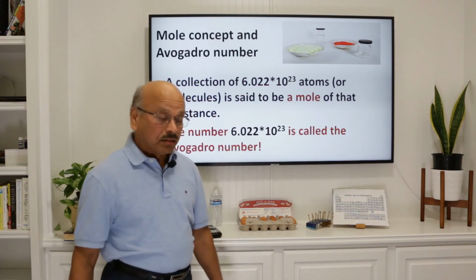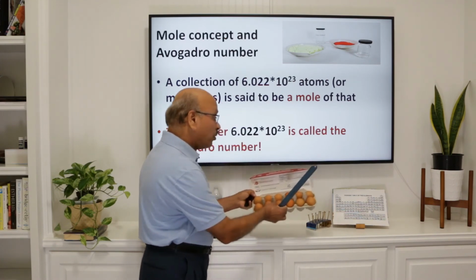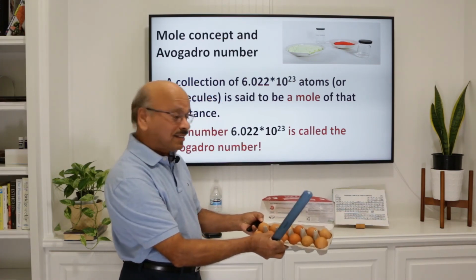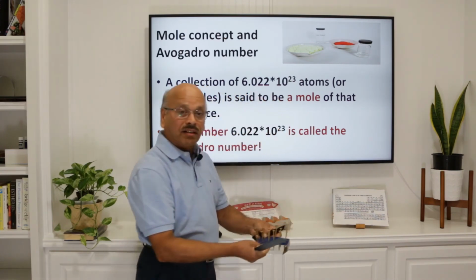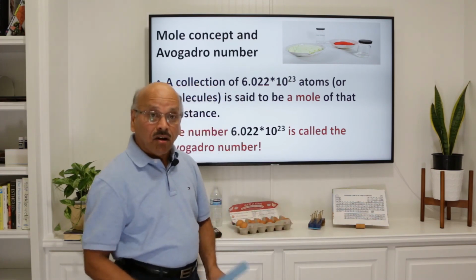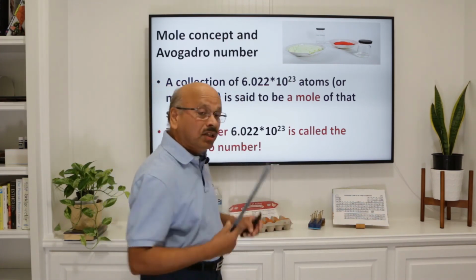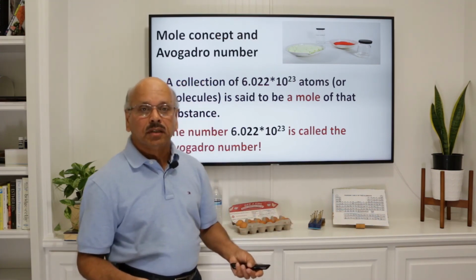Just like a dozen. See, I brought a dozen eggs here, and I also have a dozen nails here. Both have the same number. That doesn't change. Always a dozen means you have 12 items in that particular collection.